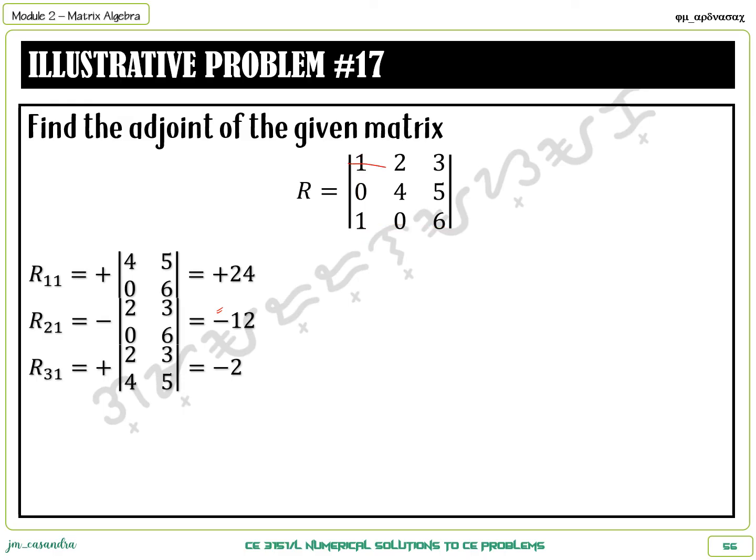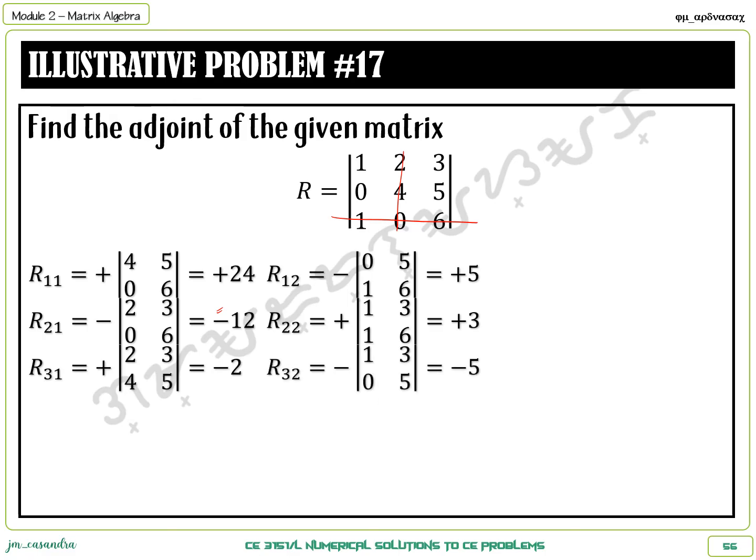Next element, we have 1, 2, which will give us a value of 5. So we have 2, 2, which is 3. We have 3, 2, which is equal to negative 5. We have 1, 3, which is equal to negative 4.